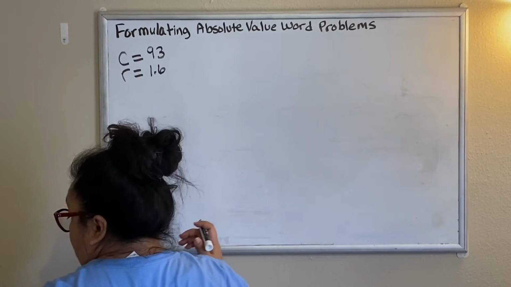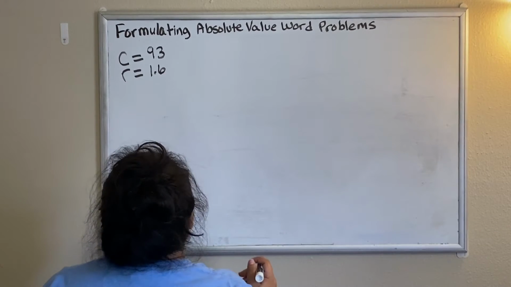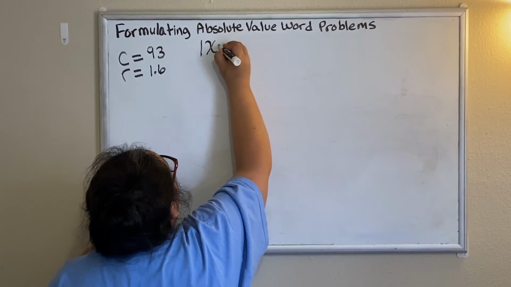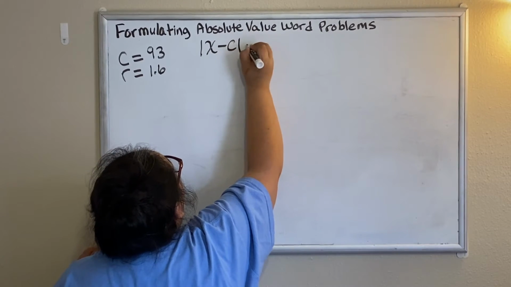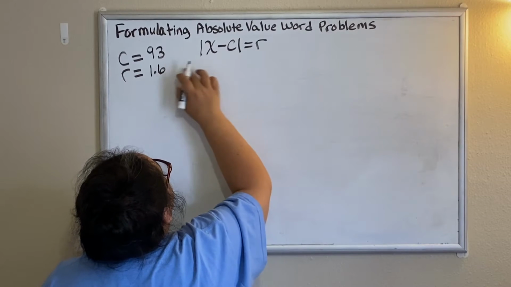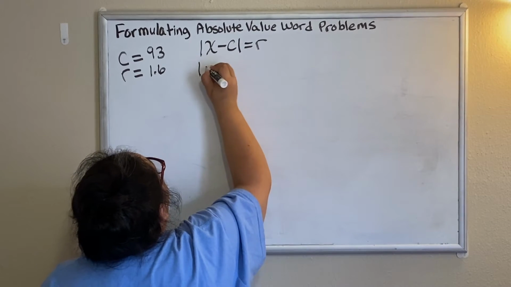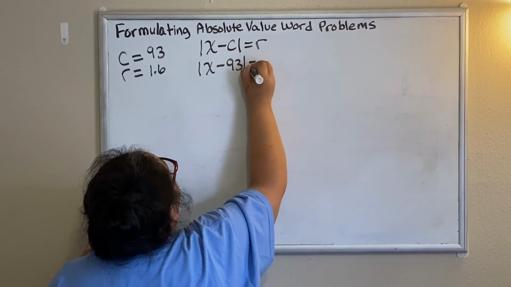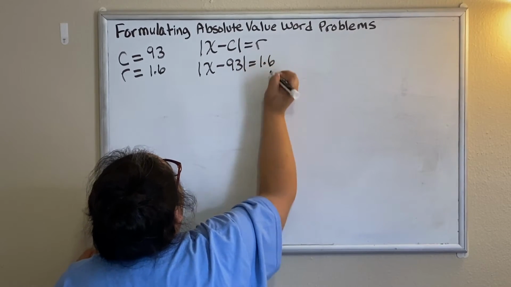Okay, so now the way we set this up is we say the absolute value of our variable x minus the central value equals the range. So all we have to do is plug this in. We're going to plug in the absolute value of x minus 93 equals 1.6.